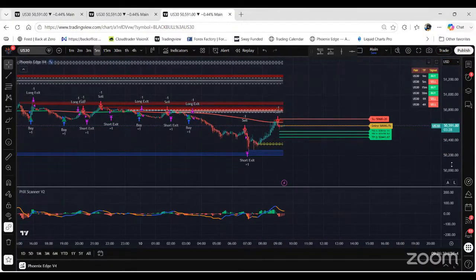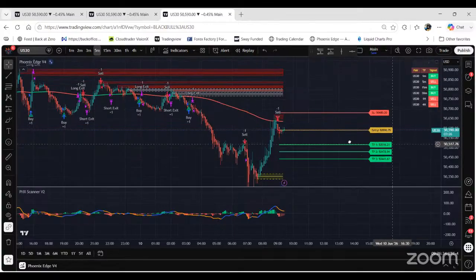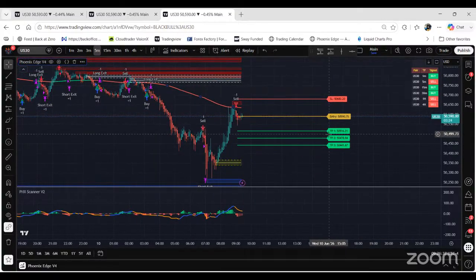All right, this one. Okay, I think this is the one Ryan was talking about. Let me see, 5-minute. Yeah, it came up, hit the zone, matched up with momentum, pushed down a little bit. It'll probably keep dropping.